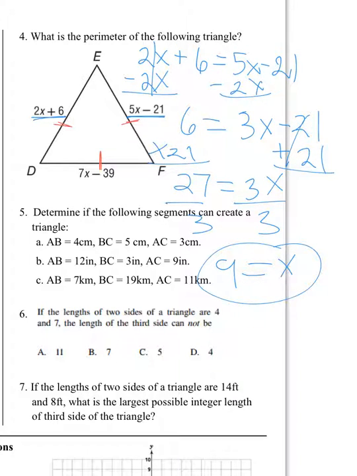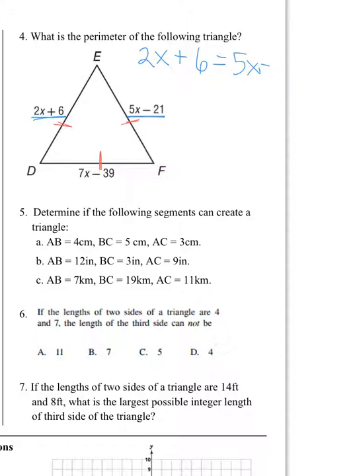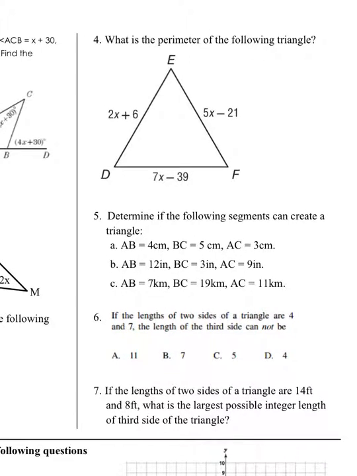Let's clear the screen. Now remember, we said this is equilateral, so all three sides are the same, and in theory, when you plug in the x, it should give you the same value on all of them. But like I said in class, I recommend that you check it in each one just to make sure.